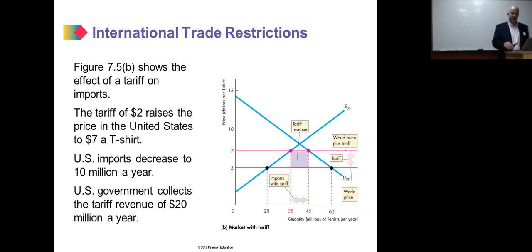Consumers are spending less. So as U.S. production increases and U.S. consumption decreases, the United States is going to increase the amount imported, because the U.S. is going to collect the $2 tariff and look at that as a form of revenue to the government on each t-shirt that is imported. And we can see the total of this tariff revenue right here in the purple area.